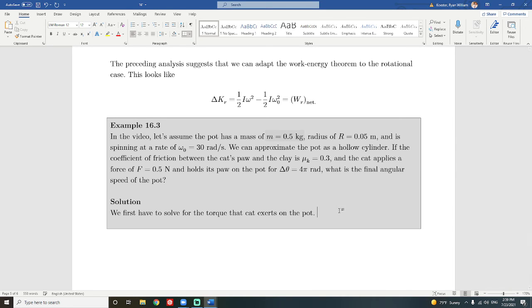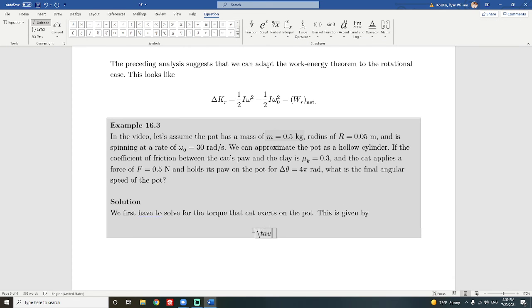And so let's just say then that tau equals R times the friction force, right?